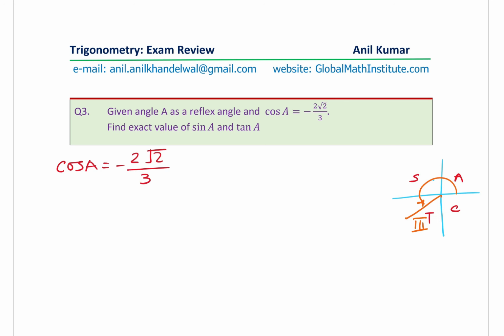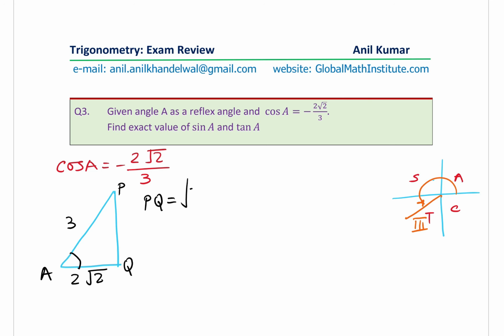We need to find sine and tan. Well, tan will be positive and sine will be negative. So from the given value, as we did in the last case, let's make our triangle. In this case, the triangle may look like this: adjacent side being 2 square root 2 and hypotenuse being 3 for the angle A. Let's call this P and Q. So now, what is PQ equal to?